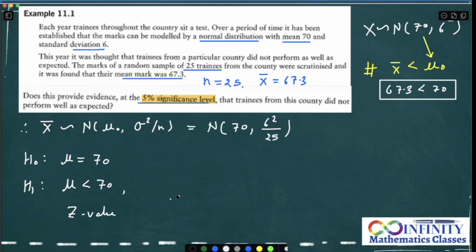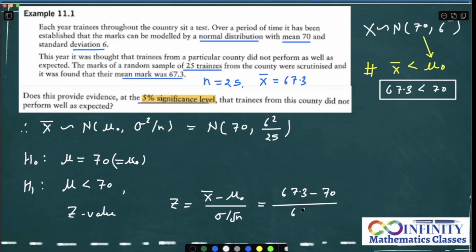And what is the Z value? Z is X bar minus mu naught, where mu naught is 70, divided by sigma upon square root of n. So X bar is 67.3 minus 70, divided by sigma, which is 6, divided by square root of 25, which is 5.